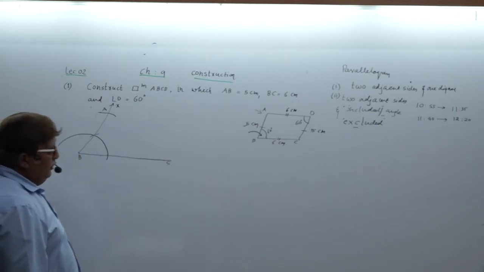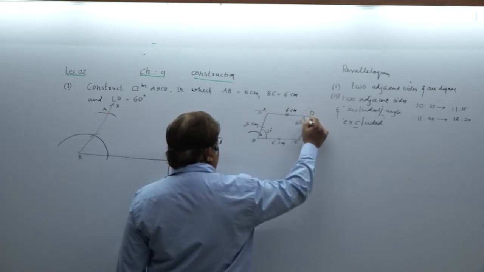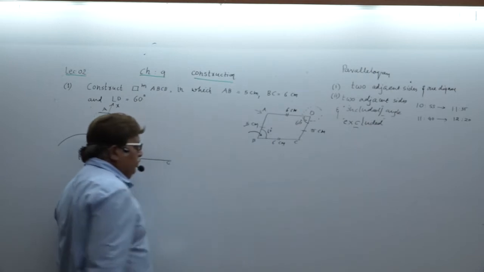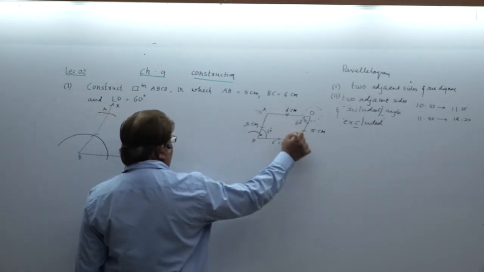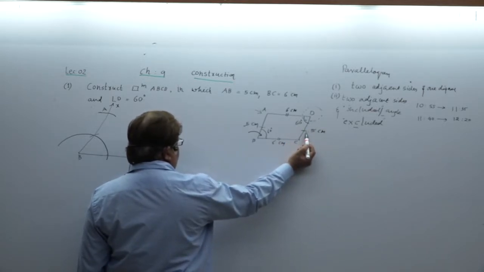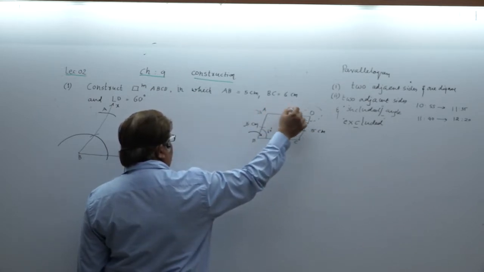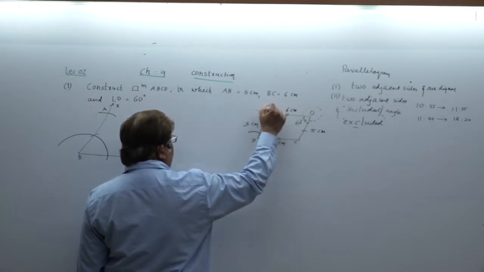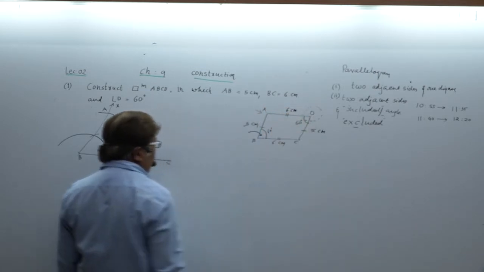Now it is a question of just getting point D, and for that purpose one arc you will draw from C by taking radius of 5 centimeter, as you know. Then you will draw another arc by taking center A and radius 6 centimeter.